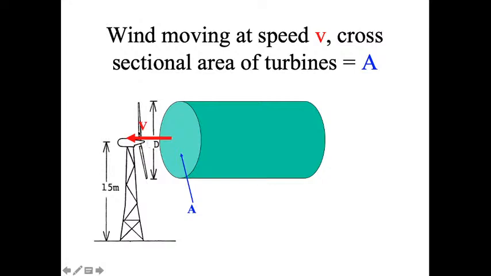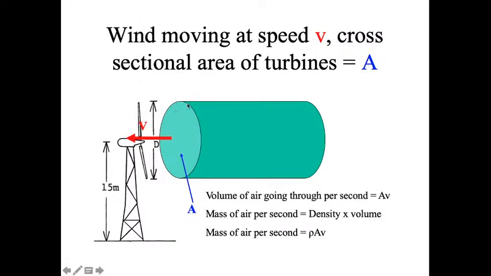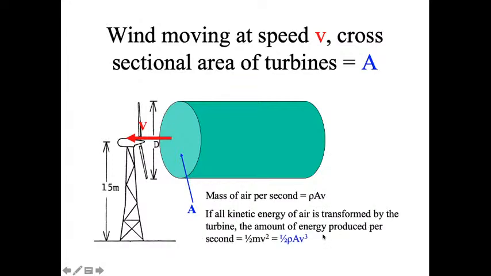So wind traveling at a speed v with this cross-sectional area A. We can find the volume of the air going through the turbine per second by multiplying our cross-sectional area and the speed of the wind. The mass of the air per second will be the density times that volume: density, cross-sectional area, speed.